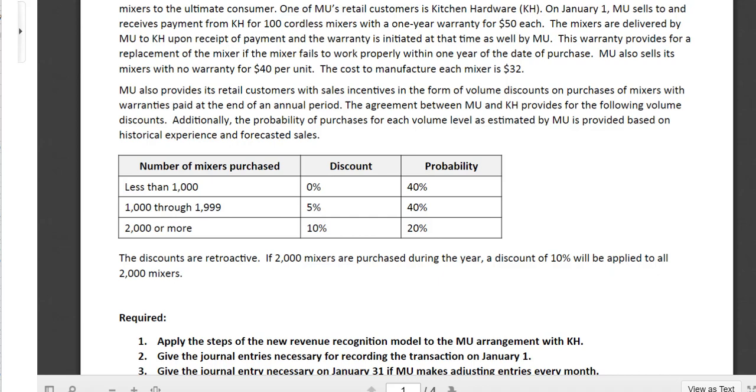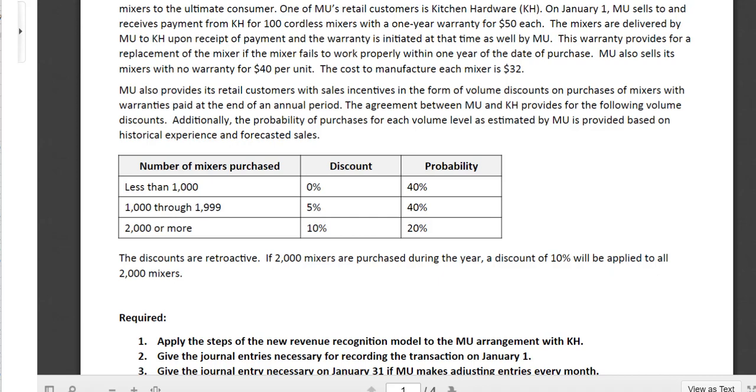So we're taking this arrangement where we're selling mixers with a warranty for $50, and we need to apply the revenue recognition model, the 5 steps. First of all, is there a contract? It looks like there is a contract between a buyer and seller. That's usually pretty straightforward.